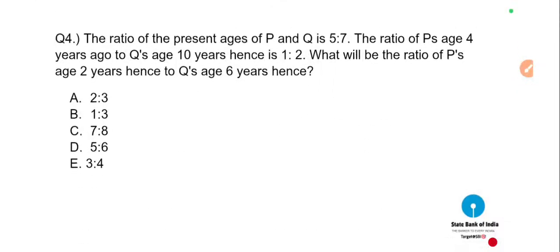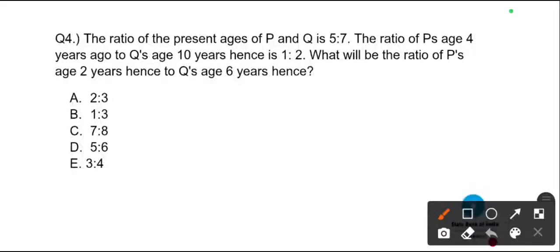Fourth question. The ratio of the present ages of P and Q is 5 is to 7.